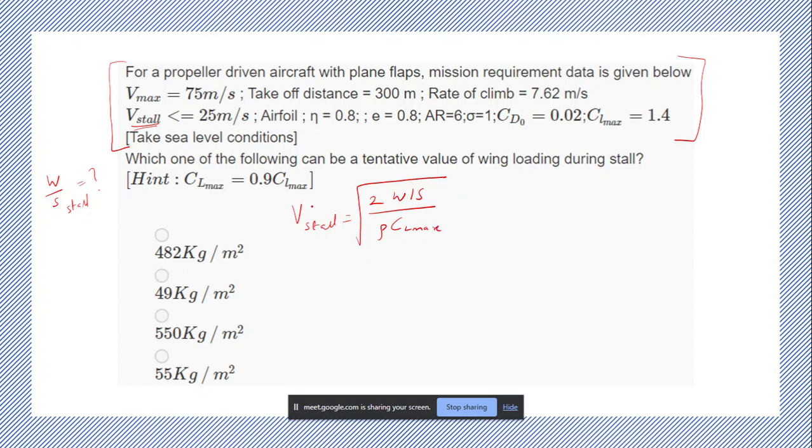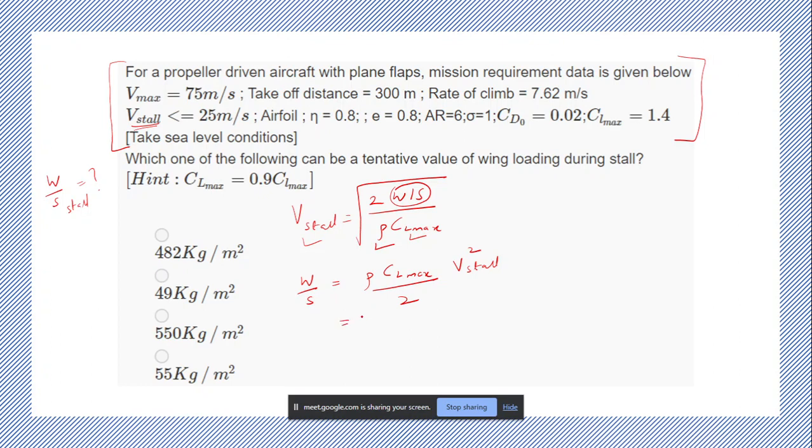Now we have Vstall, we have CL max. They have asked us to take sea level conditions. So we have rho. We just have to find out W by S. So W by S is rho CL max by 2 into Vstall square.